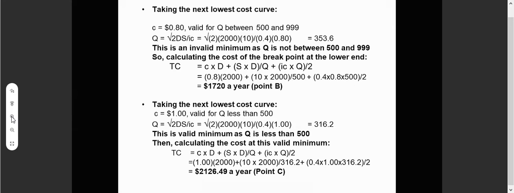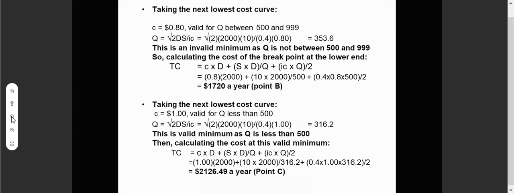For the unit cost of 80 cent, the order quantity must be between 500 to 999.